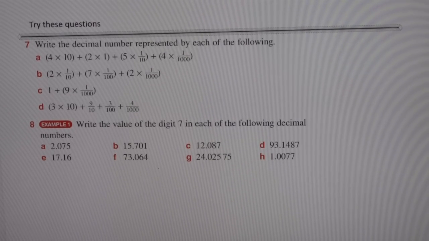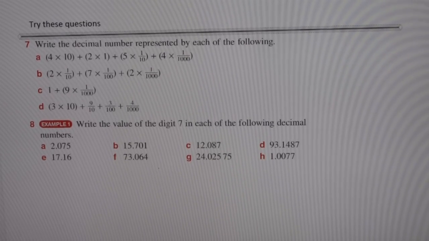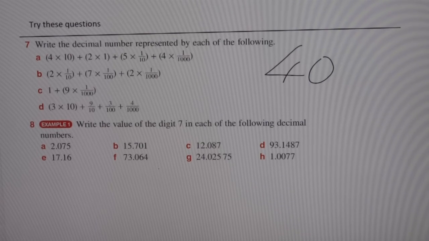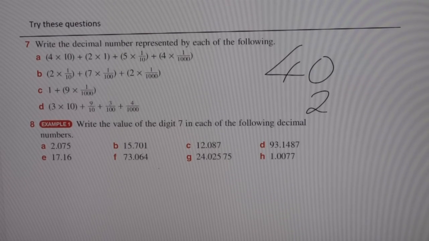Now I forgot about question 7. Question 7, you've got to write the decimal number represented by each of the following. So you've got 4 times 10, well that's 40. 2 times 1 is 2. 5 times a tenth, that's 5 tenths.